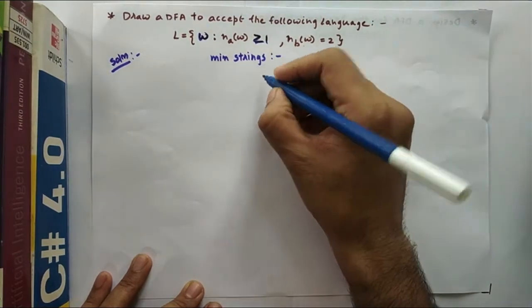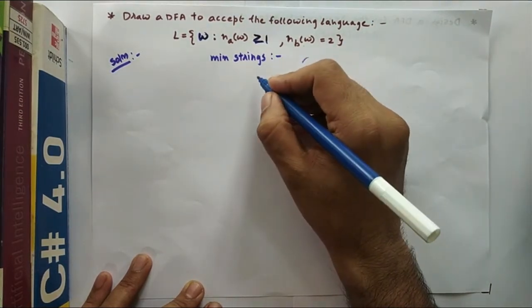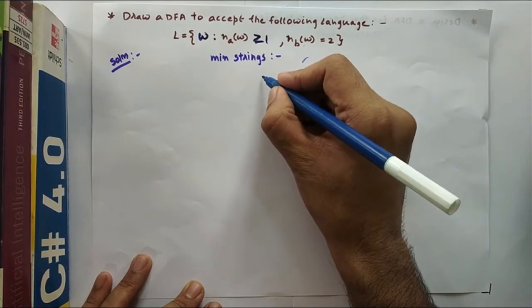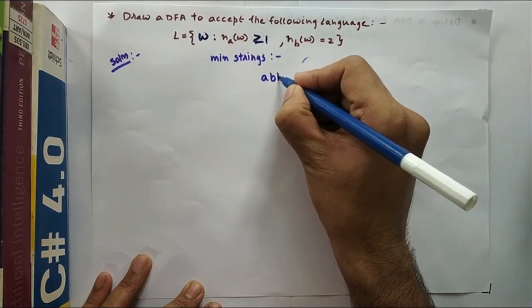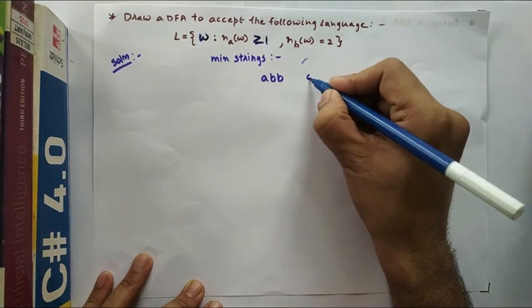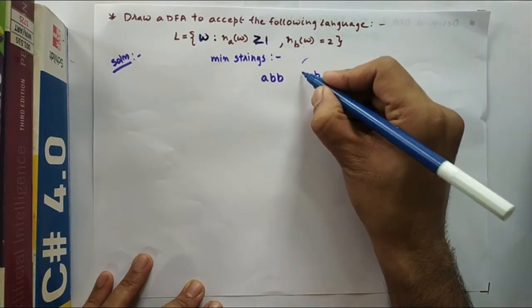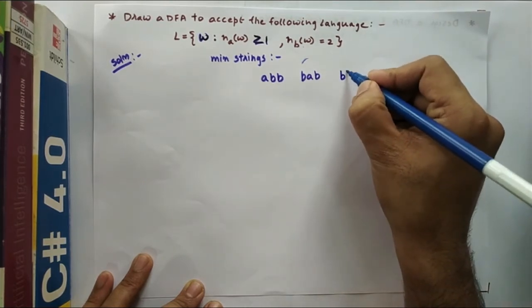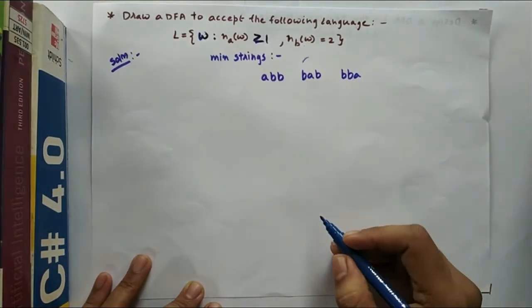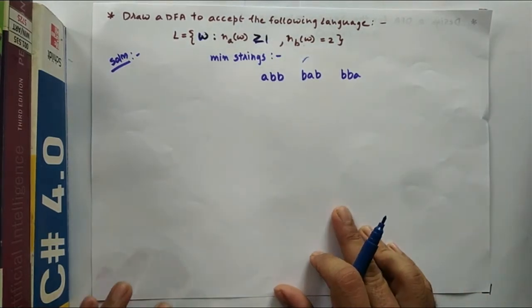So minimum possible string could be any placement where there are 2 B's and a single A. So there are 3 possibilities: ABB, BAB, and BBA. These are the 3 minimum possible strings.